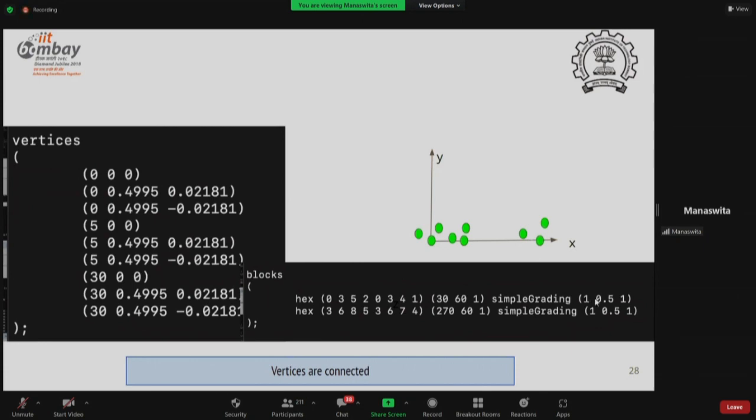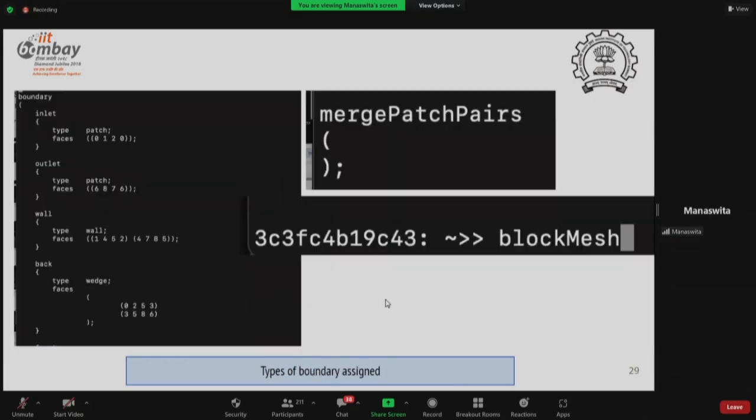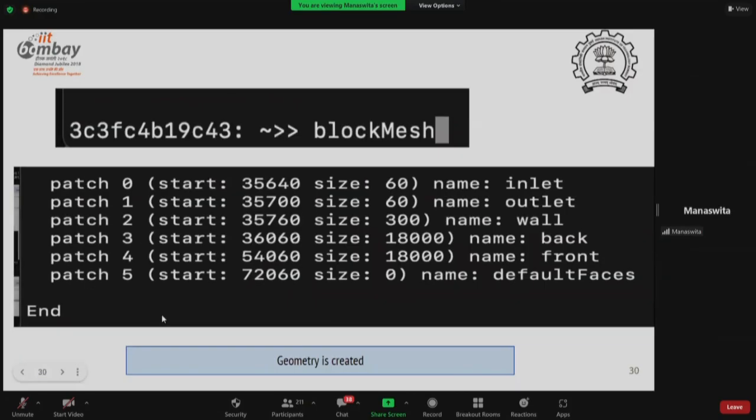So simple grading with this kind of mesh stretching ratio, and these are the number of grids in each direction. Once the blocks are created, blockMesh is run. Here the boundary conditions: inlet is patch, outlet is patch, and walls are created. There is a wedge. Types of boundaries are assigned, and then we have to run blockMesh.